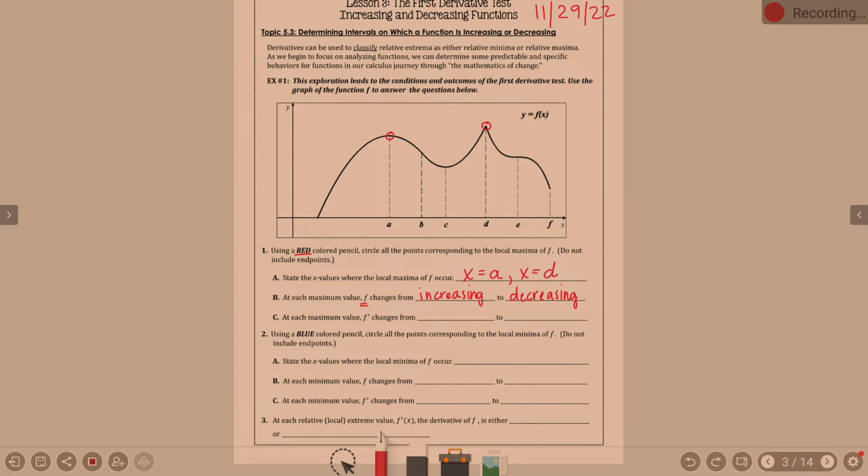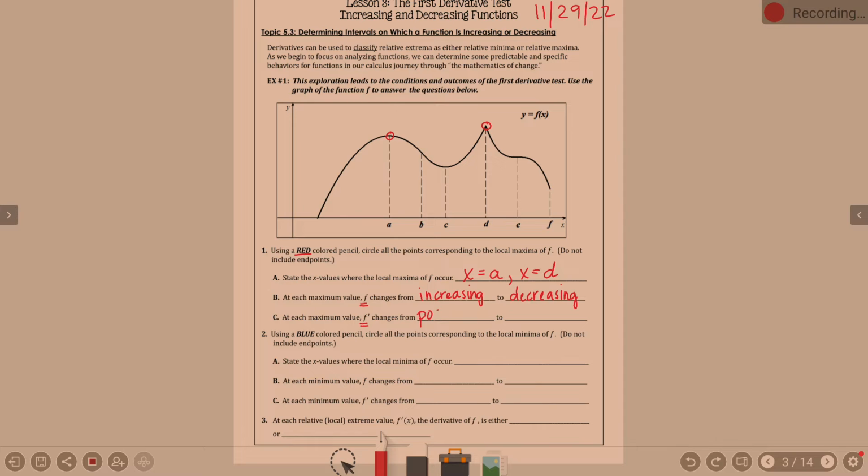Now, with that in mind, at each maximum value, f prime, the derivative of f, changes from what to what? And this is where we want to think positive and negative, because going into a max, you have a positive slope, yes? Coming out of a max, you have a negative slope.